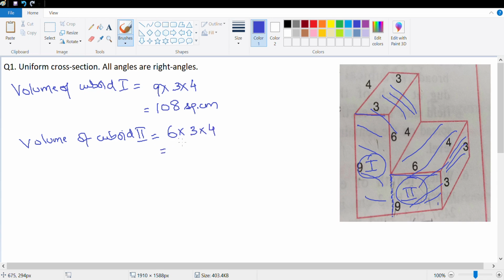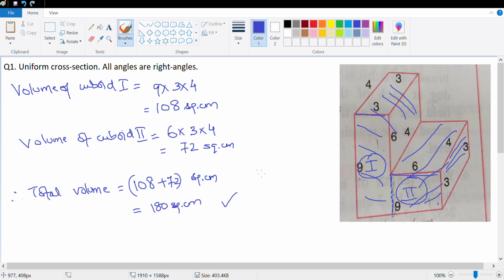So that's 6 into 3, 18, 18 into 4, that's 72 square centimeter. Therefore total volume would be equal to 108 plus 72 square centimeter. That's 180 square centimeter. Done. Let's look at the next question.